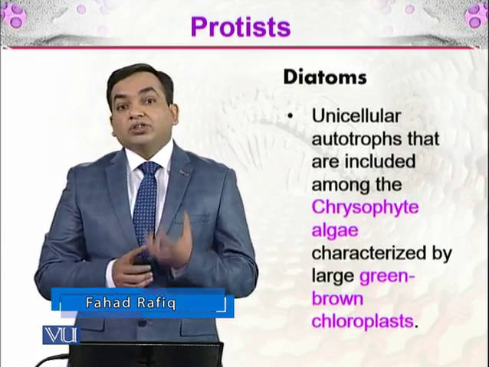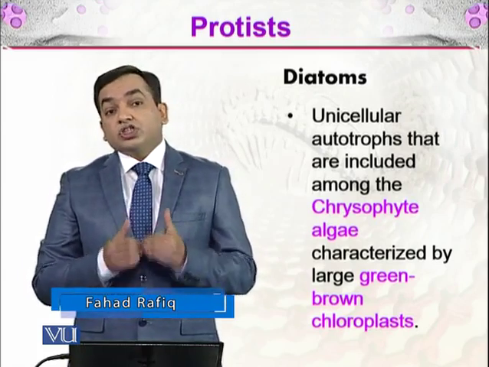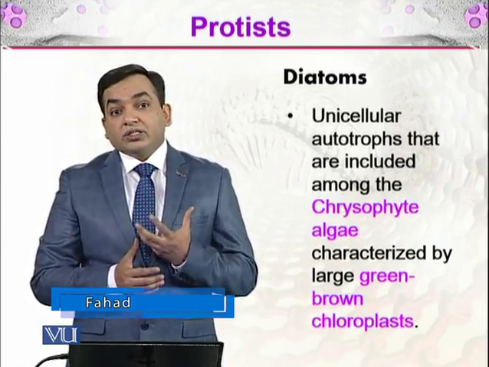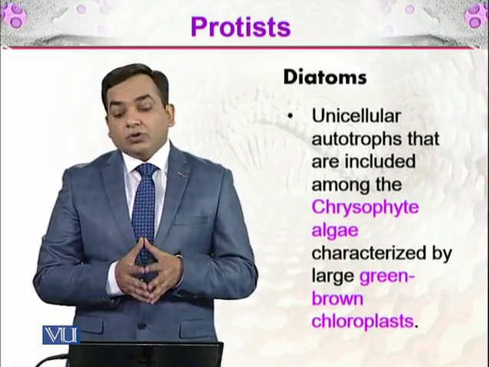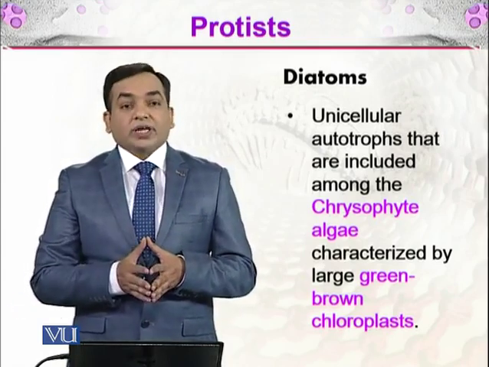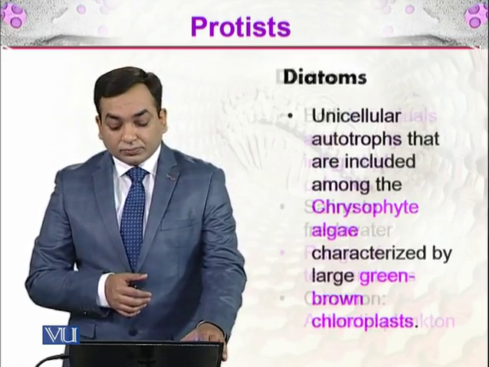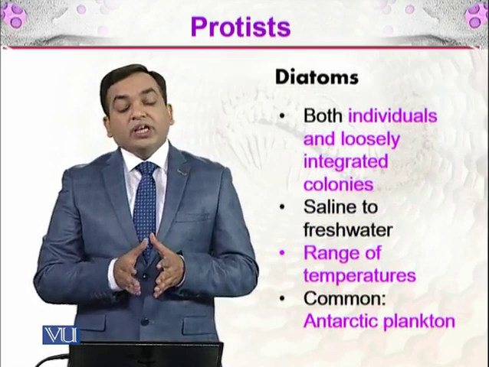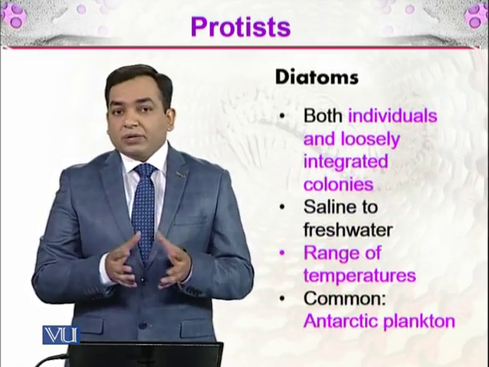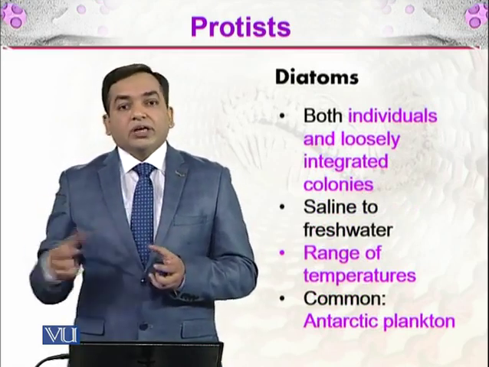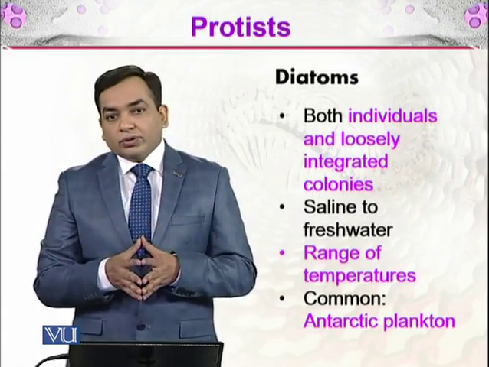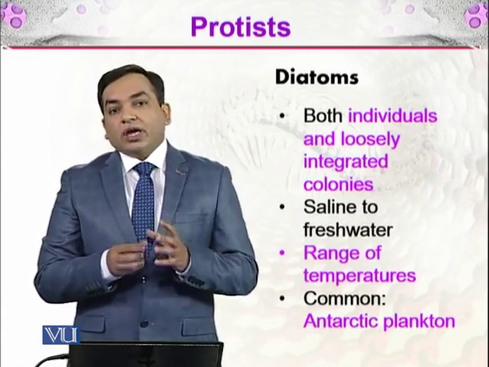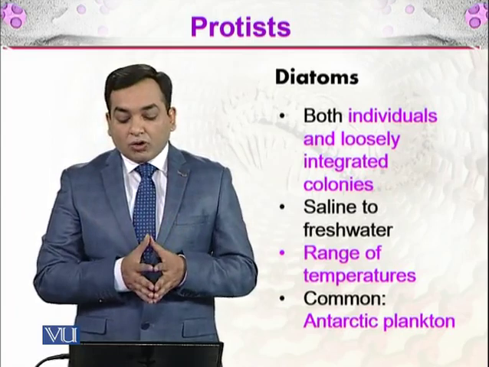An alga which contains large green-brown chloroplasts is called a chrysophyte alga. The diatoms are both individual and loosely integrated colonies. So sometimes they are single diatoms all over the place, or they can join together and make colonies.